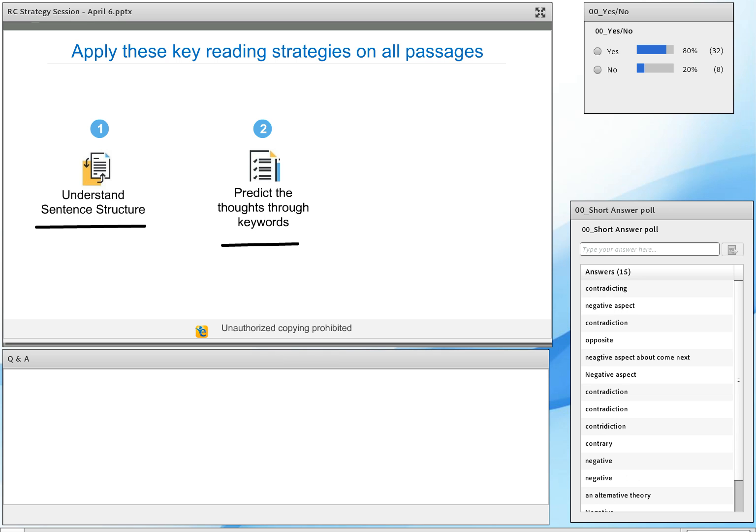And when that happens, your understanding really improves. Imagine if you do this action for every piece of content that you're reading in an RC passage, imagine how much your comprehension is going to improve. You're almost in that conversation with the author, if you think about it.